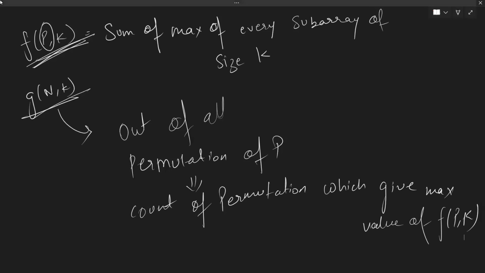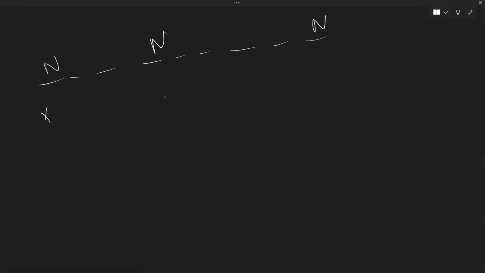If we have to maximize this thing, think about it for a moment. If you have this permutation, where will you keep n? Here, here, here? If you have to take the maximum of k subarrays, where will you keep it?